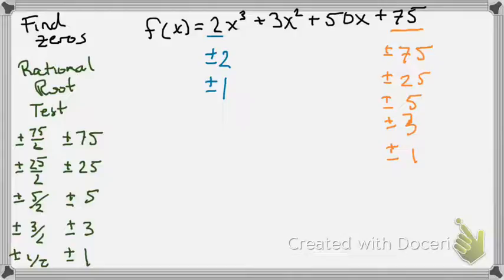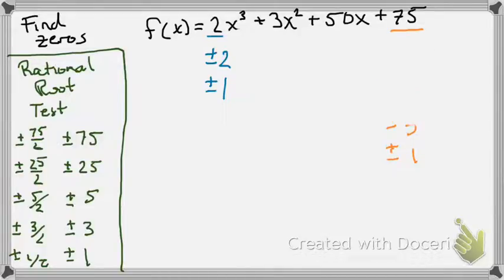And what the rational root test says is if there is a fractional root, if there is a fraction that is a zero of that, it is one of those. But wait, you say, there are 20 of them. How in the world am I supposed to figure out which one is accurate? And that is a great question.